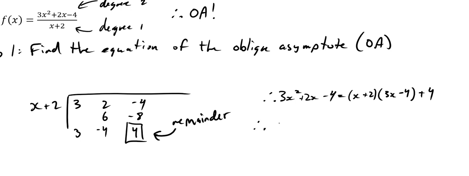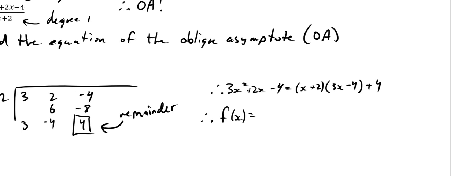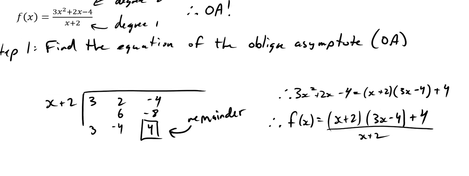And what that means is my original function, f of x, equals this. x plus 2 times 3x minus 4 plus 4. That's a way of rewriting the top of the original function over x plus 2, right? That was f of x. Take a look at our original question. That's what it was. We okay with that? So all that work was to rewrite the top.